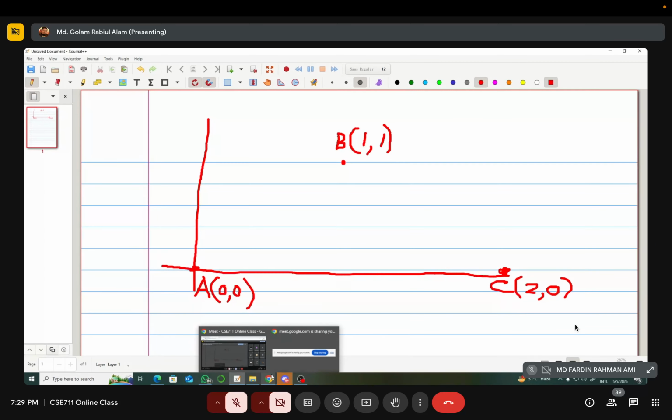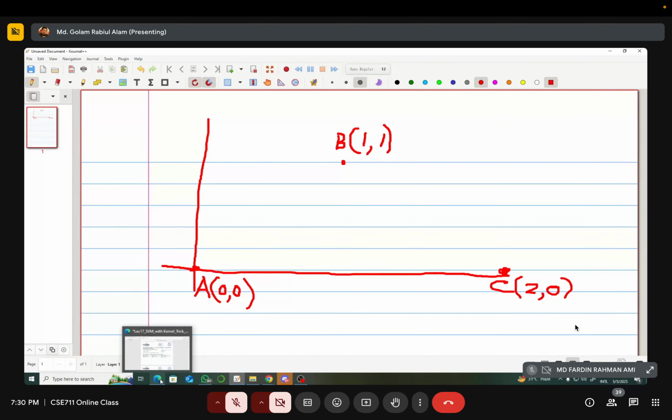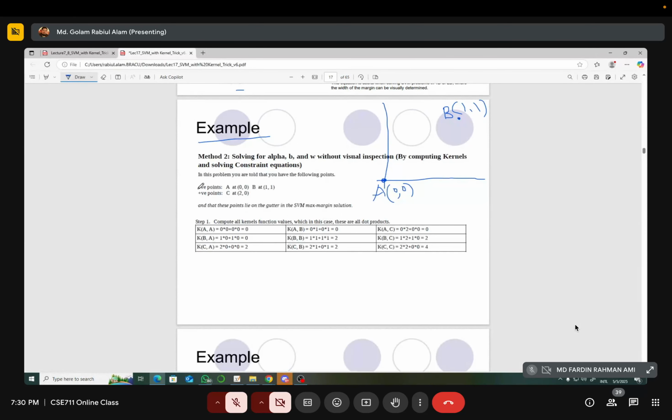But we may have different data points. Like in this case, it is mentioned that we have negative points, that is A and B, 0, 0, and 1, 1. And we have a positive point, the positive support vector, that is C, 2, 0.